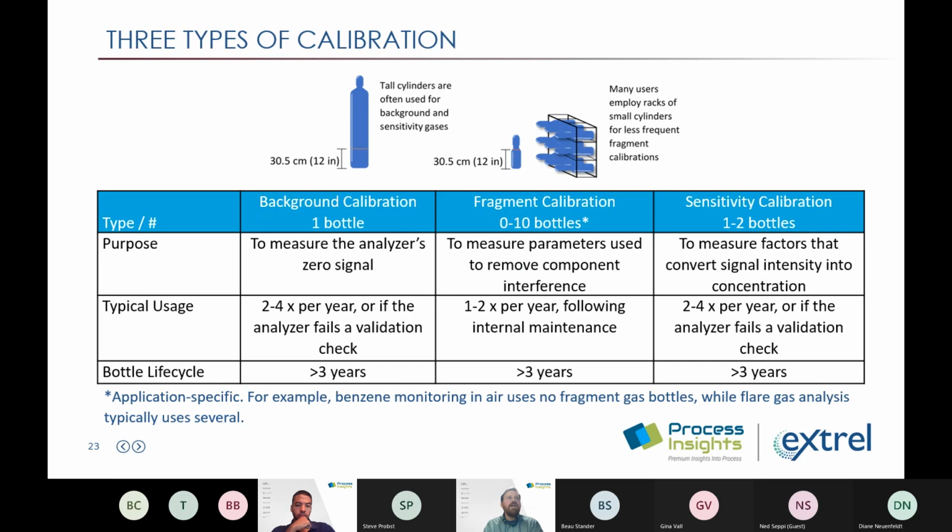So it's very common for an installation to, instead of using the tall cylinders that are about 4 feet tall, for these fragment calibration gases especially, gases that are only used once or twice per year, just a couple hundred cc's used in the course of the year, they might get the small bottles and put them in a rack, to conserve space on the side of the shelter. So mass spec will use more standards, but it uses very little gas.